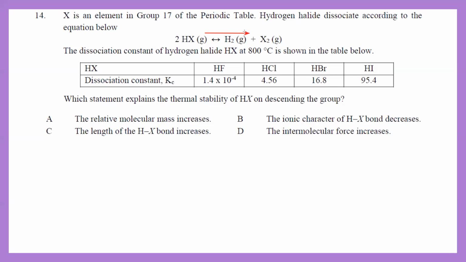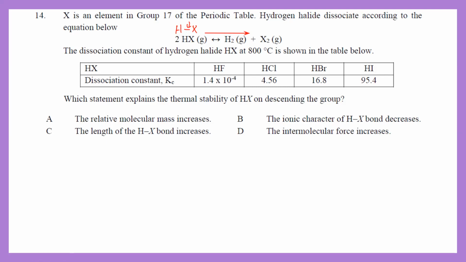Okay. So which statement explains the thermal stability of the HX descending down the group? Number 1, relative molecular mass increases. Now, these are obviously due to how easily or how readily HX is broken. So measuring how HX is broken is definitely using the factor of bond energy.